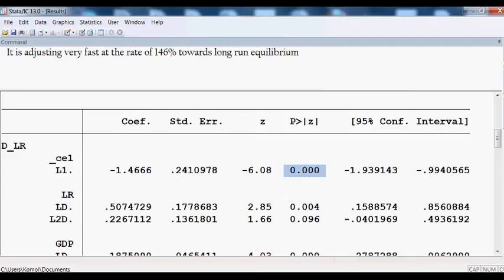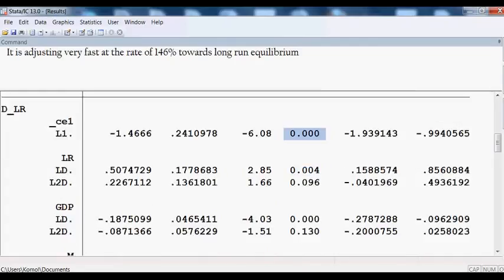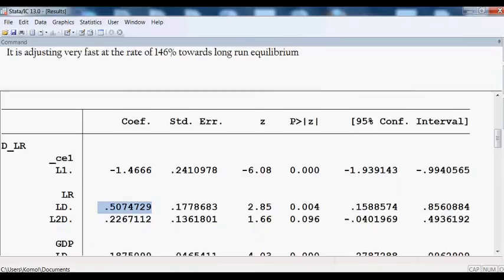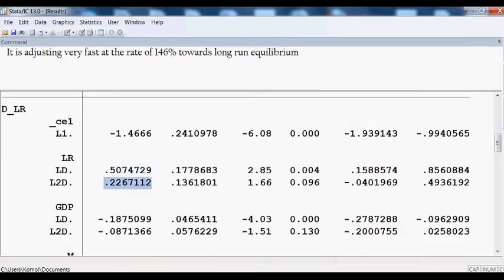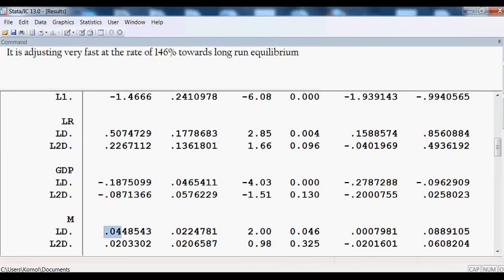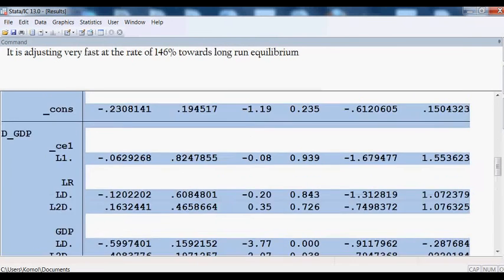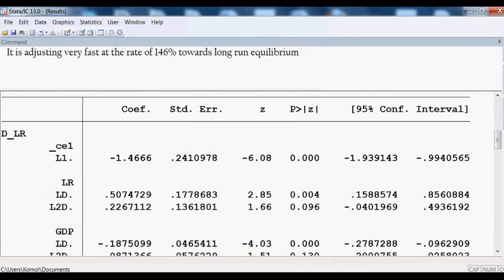Okay, so this part is done, and for the second part we can talk about short run adjustment. So actually all these coefficients are short run coefficients.